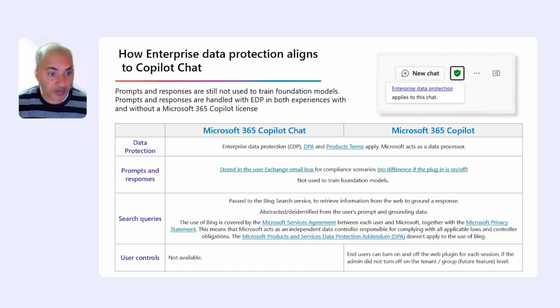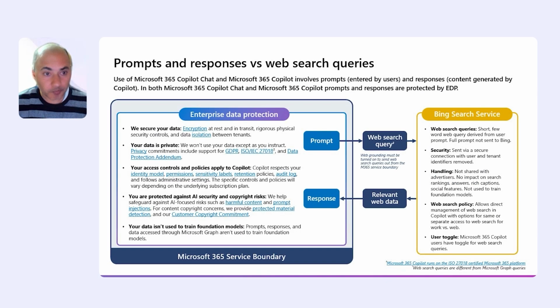Let me dive deep into how those search queries are taken care of. On the left-hand side, you have your M365 Copilot or Copilot Chat, which lies within the Microsoft 365 service boundary. The way you enable web grounding in M365 Copilot, similarly in Copilot Chat, you enable web grounding.